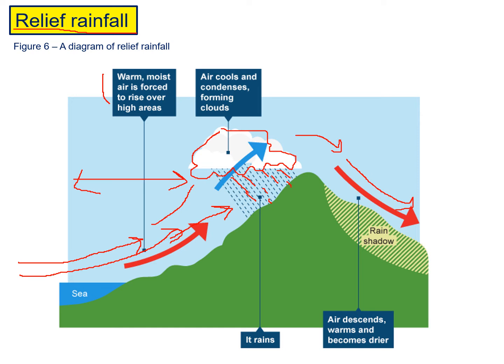And it rains. As the air goes over the top and starts to descend, we call this the leeward side of the mountain. And this is where no rain happens. So no rain happens here. And that's relief.